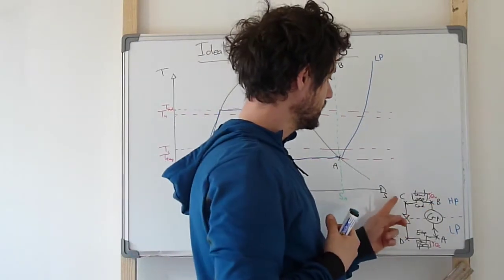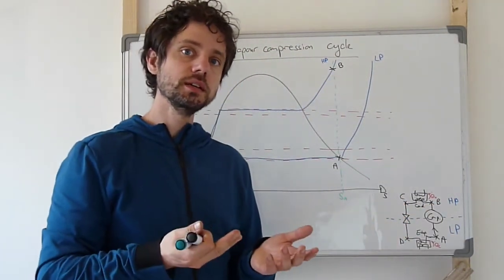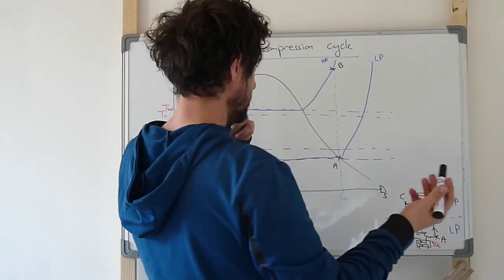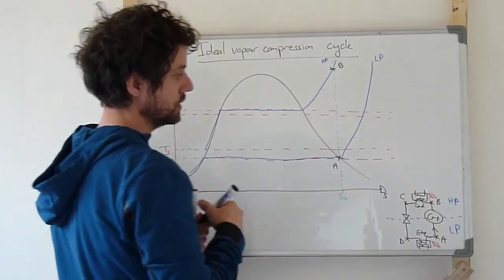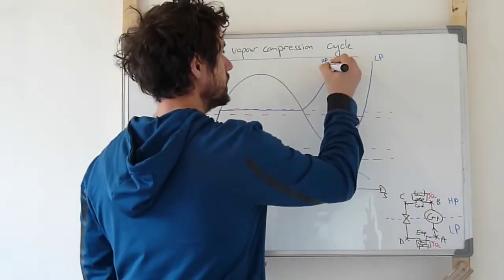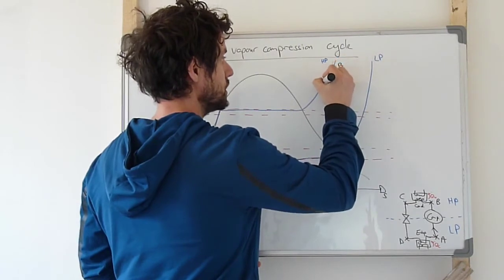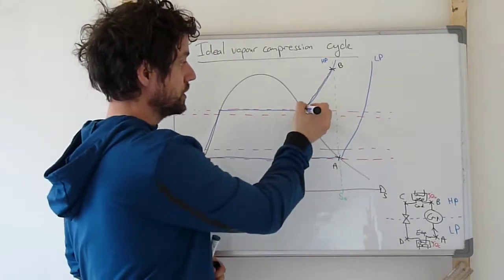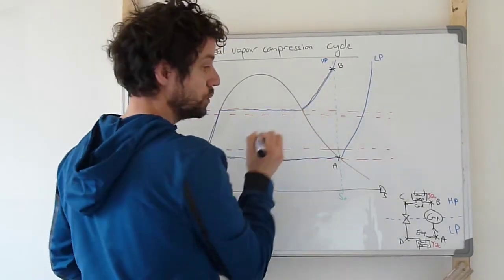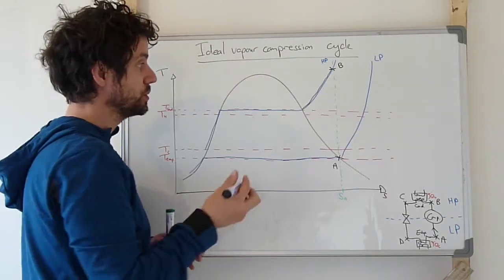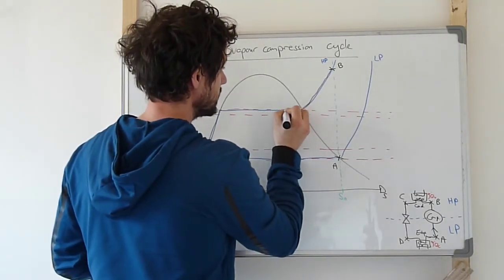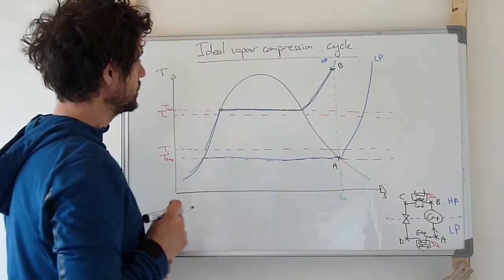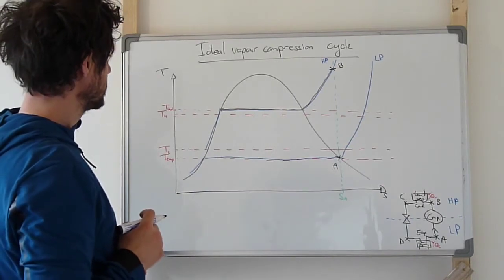Then from B to C, it's an isobaric heat exchange. So the fluid will give heat to the hot source through the heat exchanger, and this will lead to cooling down from point B to the saturation temperature, and then once it's saturated, the temperature will not change anymore, but instead the working fluid will be condensed up to being saturated liquid.